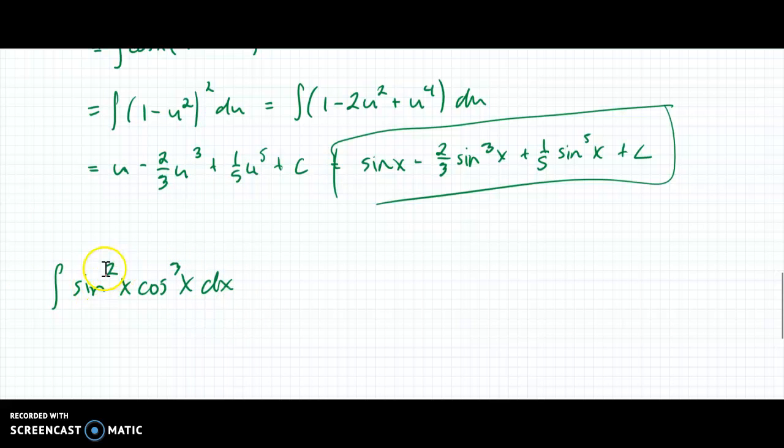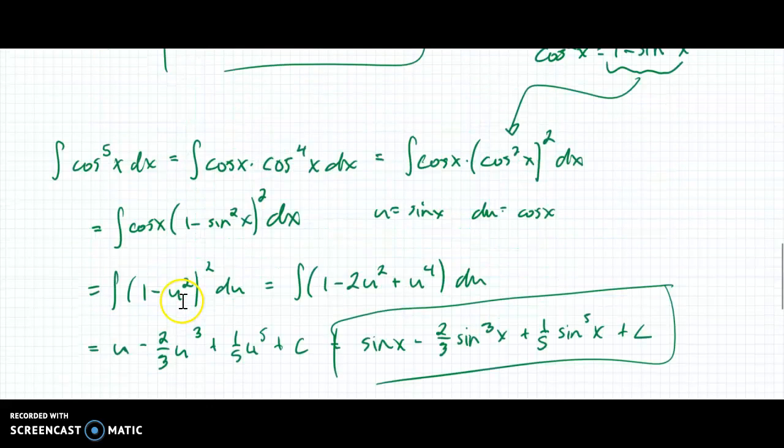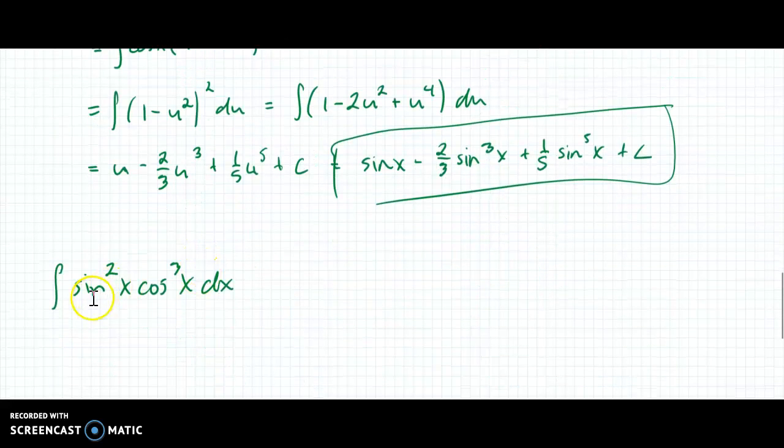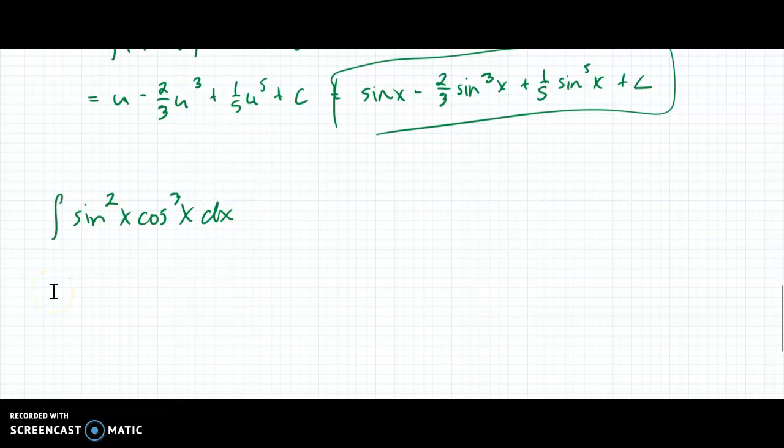Notice this one is an even power. This one is odd. So going back up to here, remember I said I needed to create the du, right? And I need to have things that are evens left over because that's the only way I'm going to sub these things out appropriately using the Pythagorean identity. So I think you'll see this as you do more of them.